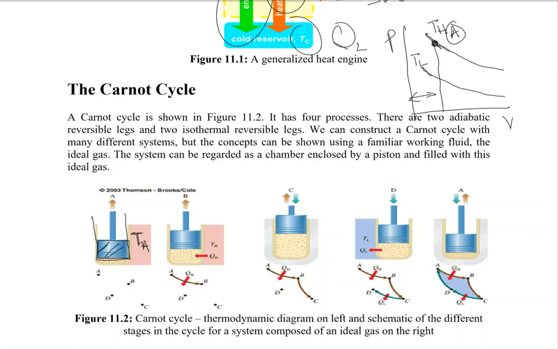What would normally happen? The piston arrangement will try to absorb high temperature heat from the high temperature reservoir. When it is absorbing heat, the pressure will try to increase, so in order to keep the pressure balanced, the piston will start moving upward.